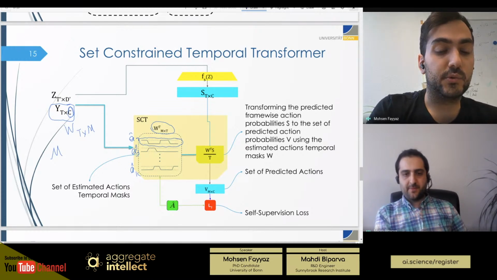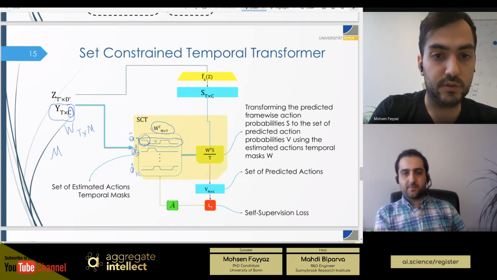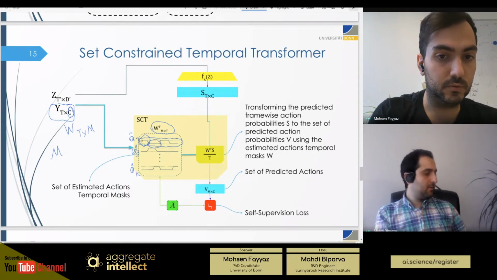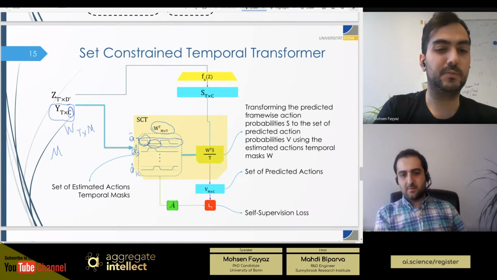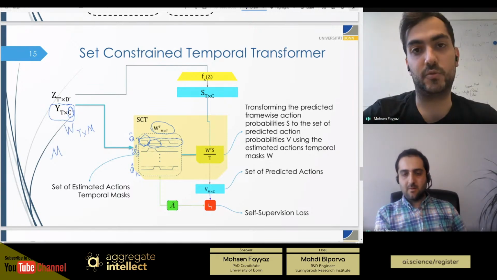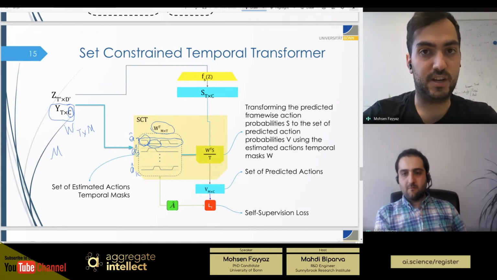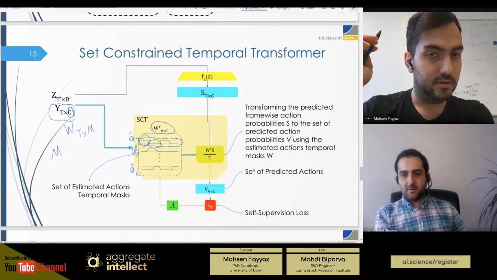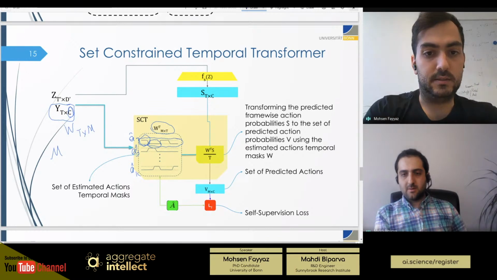In the regions where that action is available, the values are higher, tending to be 1. The regions where that action is not available should be 0 or tending to be low. So having this, I have a mask for the set of actions that are available in the video. And this mask has somehow the location of the actions and also the length of the actions.